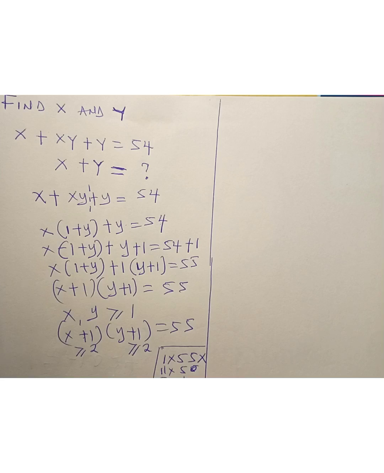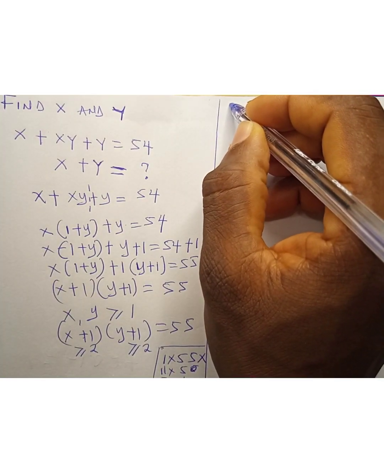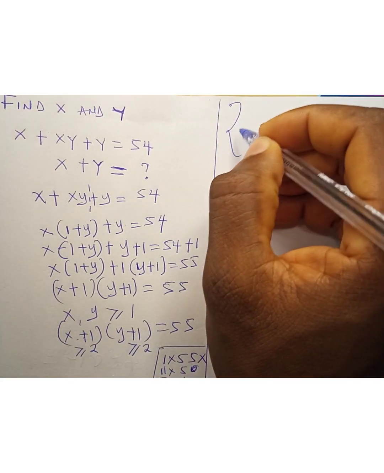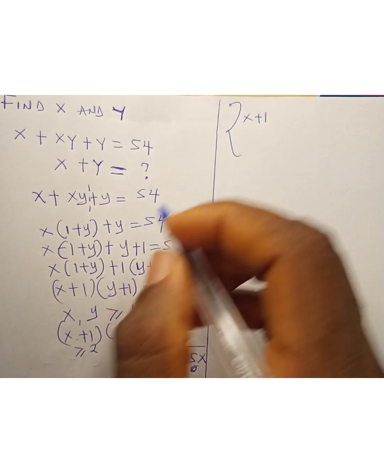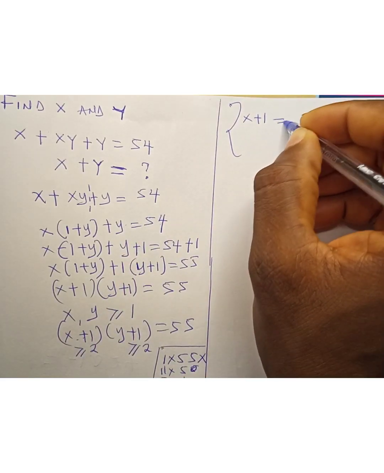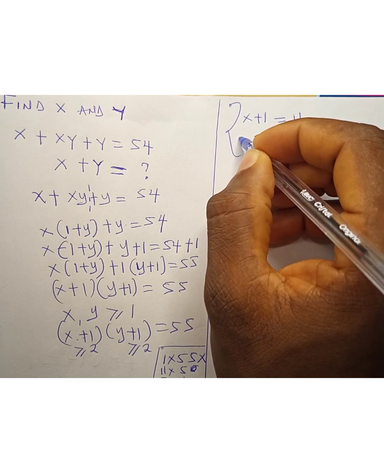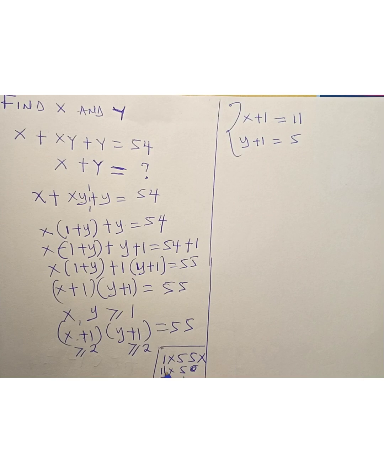So we are going to have two separate cases. The first one: x plus 1 equals 11 and y plus 1 equals 5, because we are using 11 times 5.